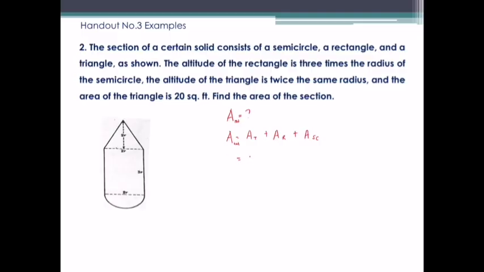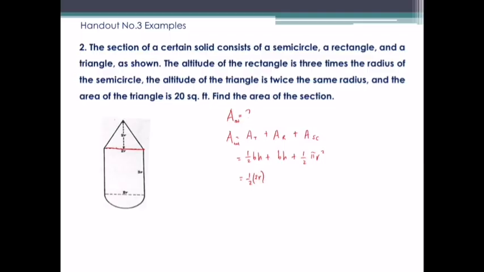Let's put the formulas first. Area of the triangle is 1/2 base times the height, plus area of the rectangle is base times height, plus area of the semicircle, that is 1/2 pi r squared. The area of the circle is pi r squared, and it is a semicircle, so half, that is why we put 1/2 there. Okay, the base of the triangle is this one, 2r.